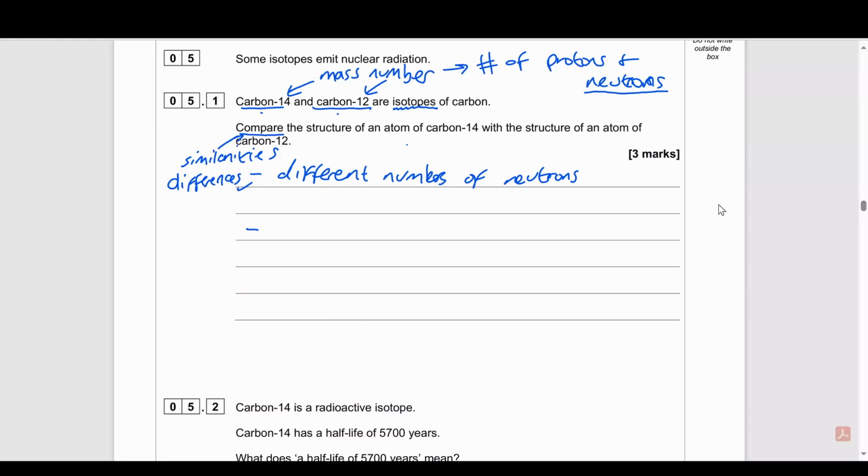But what are the similarities here now? The similarities will be that they have the same number of protons. But what else does the atomic number tell us? It tells us the number of electrons also. Remember that for an atom, they should have equal amounts of positive and negative charge. So that would then mean that this number of electrons would also be the same.